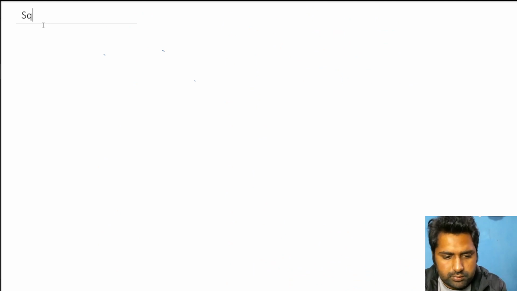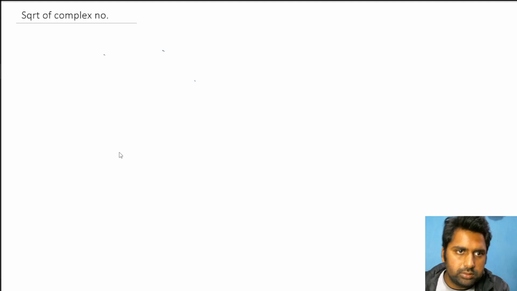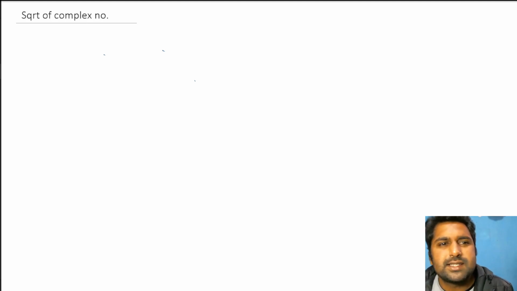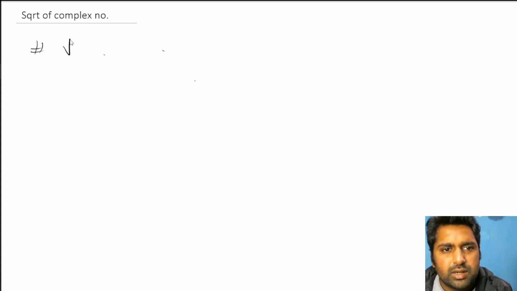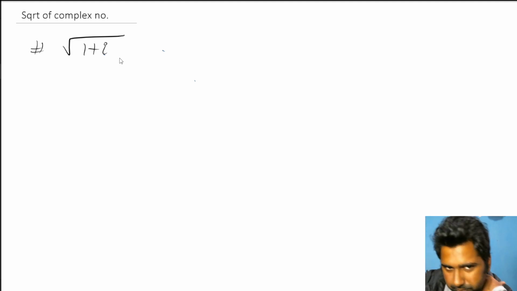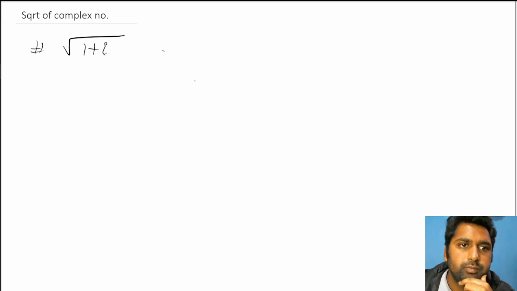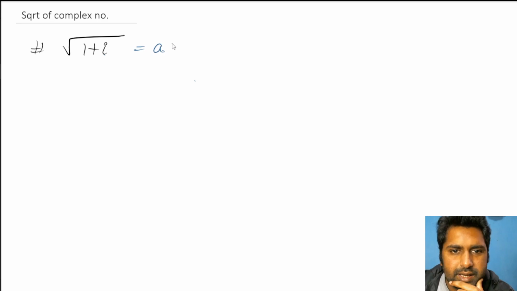The last thing I want to discuss is the square root of a complex number. I'll just discuss the idea, then you can apply it in any question. Suppose you have to calculate the square root of 1 plus iota. It has to be some complex number, a plus iota b.